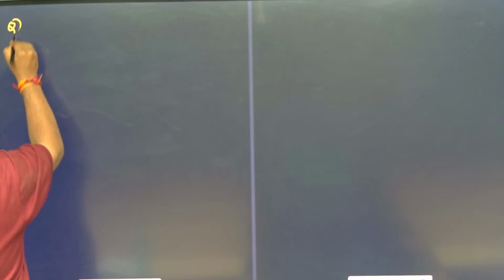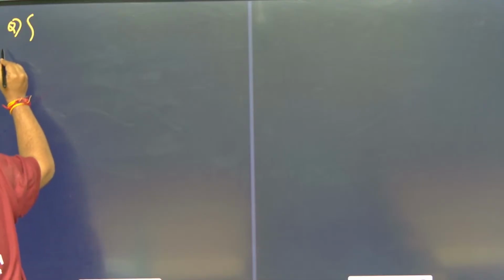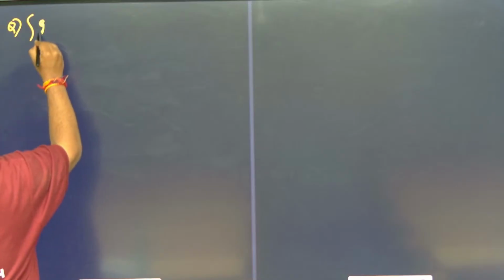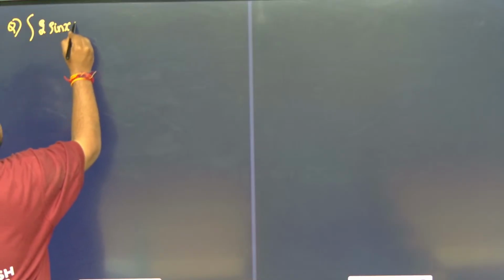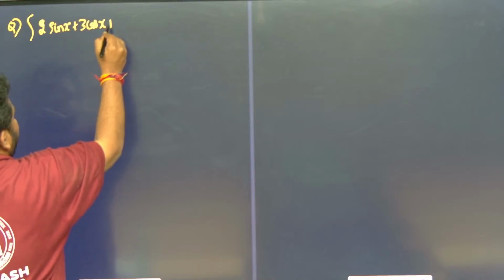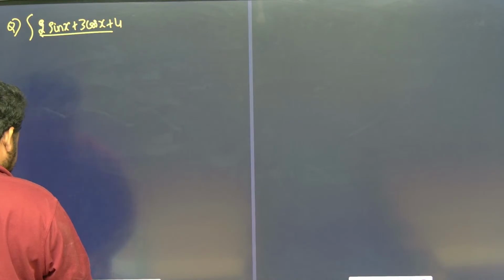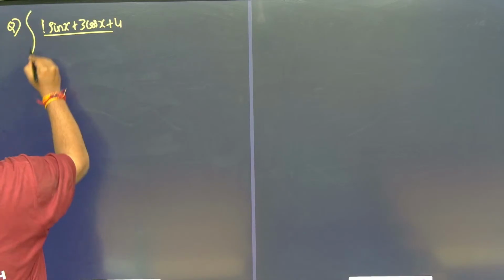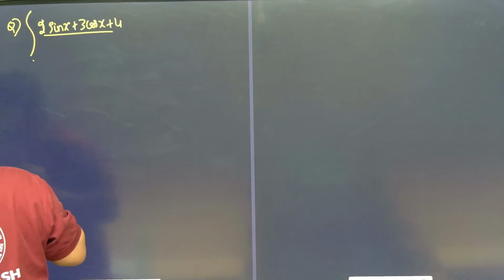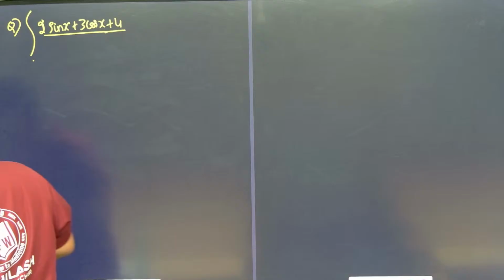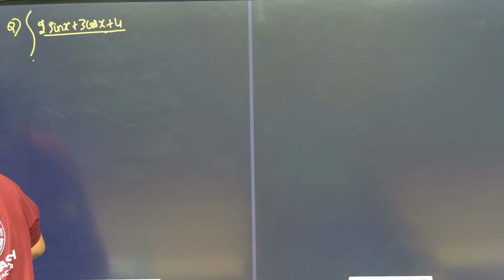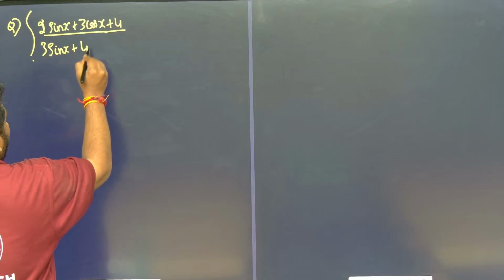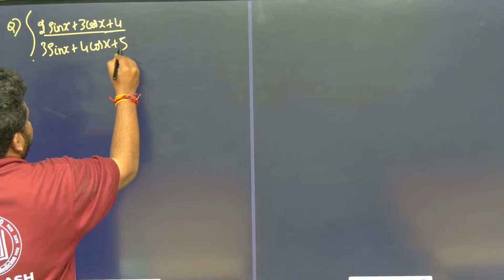The entire thing should be under the integral. So the integral of 2 sin x plus 3 cos x plus 4 divided by 3 sin x plus 4 cos x plus 5 dx.